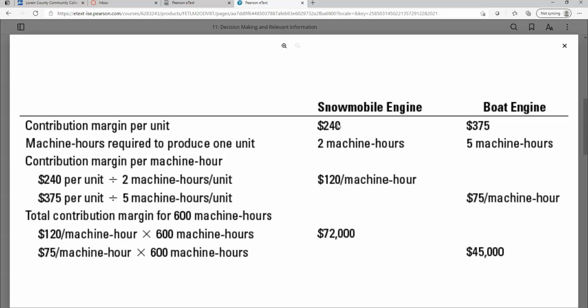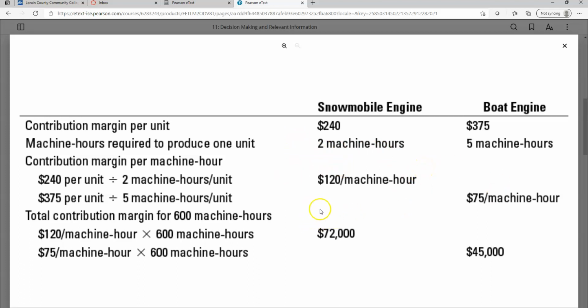In this case, machine hours, it takes 2 machine hours to make a snowmobile engine, a boat engine, 5 machine hours. So I'm going to take my contribution margin per unit and divide it by the amount of that constraining resource that I'm using to give me my contribution margin per unit of that constraining resource.